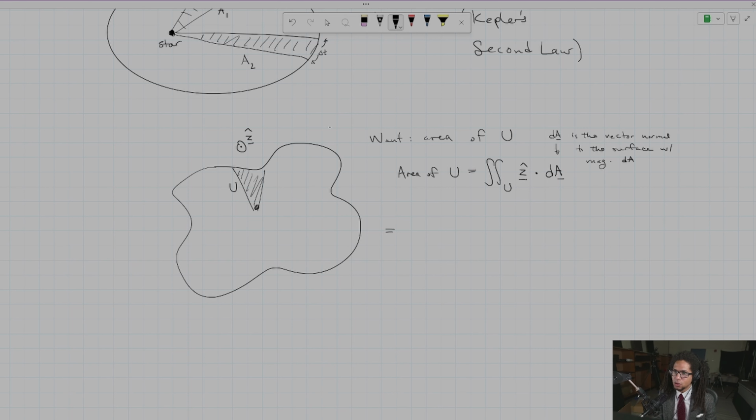Okay, so what it turns out that we need is a parameterization. Now in this case, this curve that I'm showing on the outside is supposed to be the trajectory of a particle.